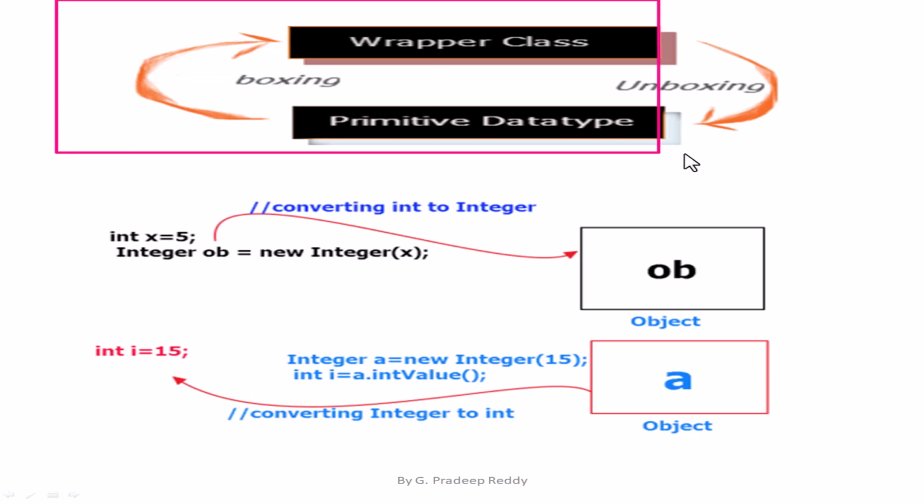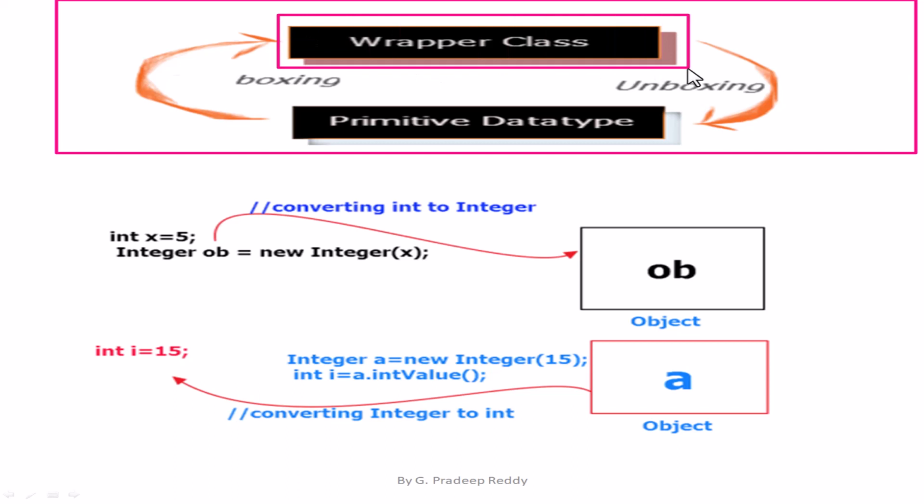Next we have boxing and unboxing. Converting the primitive data type to the wrapper class is said to be boxing, and converting the wrapper class into the primitive data type is said to be unboxing. For example, in a general declaration we declare int x equal to 5, so x is holding the value 5.